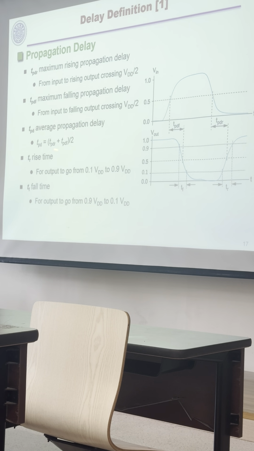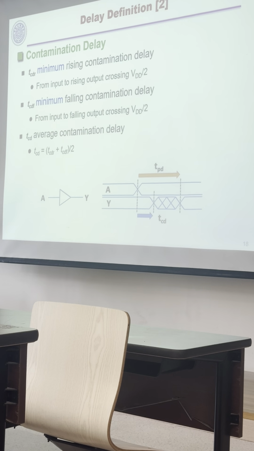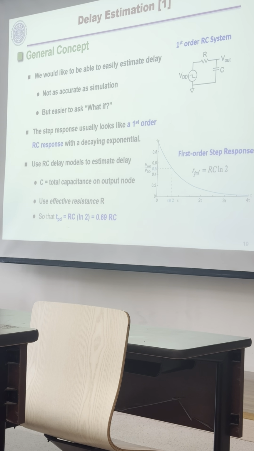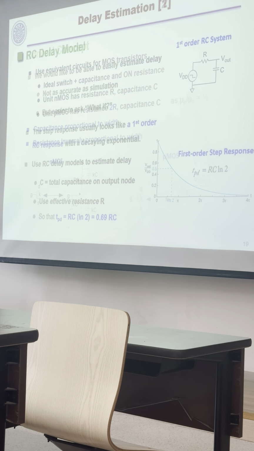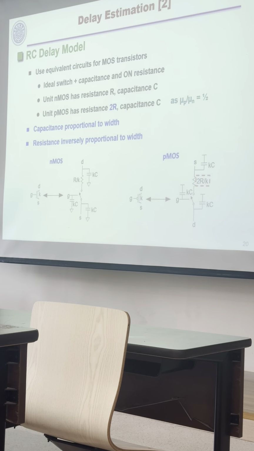This is some basic concept of how to define the delay, propagation delay, and accumulation delay. And this is how to derive this equation. PMOS is sometimes 2 times, sometimes 3 times, depending on the process. So we make this level in this way.